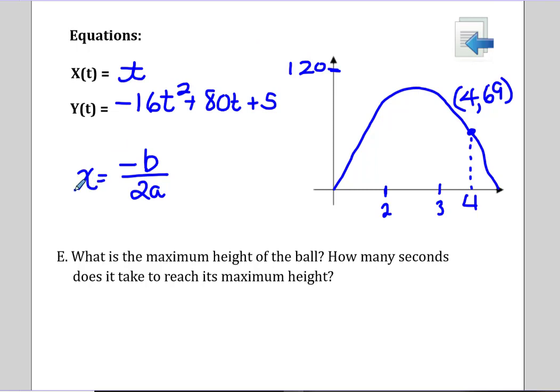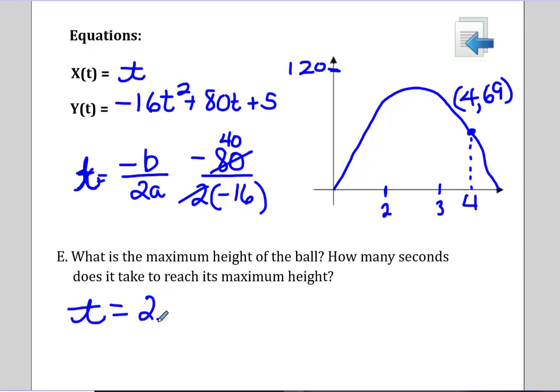In this case, we don't have an x, we have t for our time parameter, and the b is 80, and 2 times a is negative 16, so 2 goes into 80 40 times, and then we could reduce that down, 40 over 16, and that gives us 2.5. So we know the vertex happens when time is 2.5 seconds. That's our x coordinate.